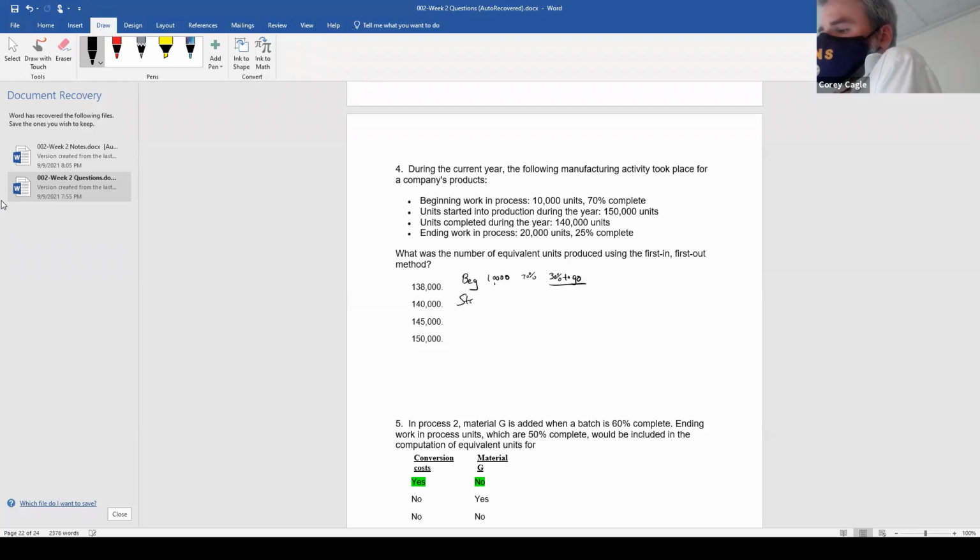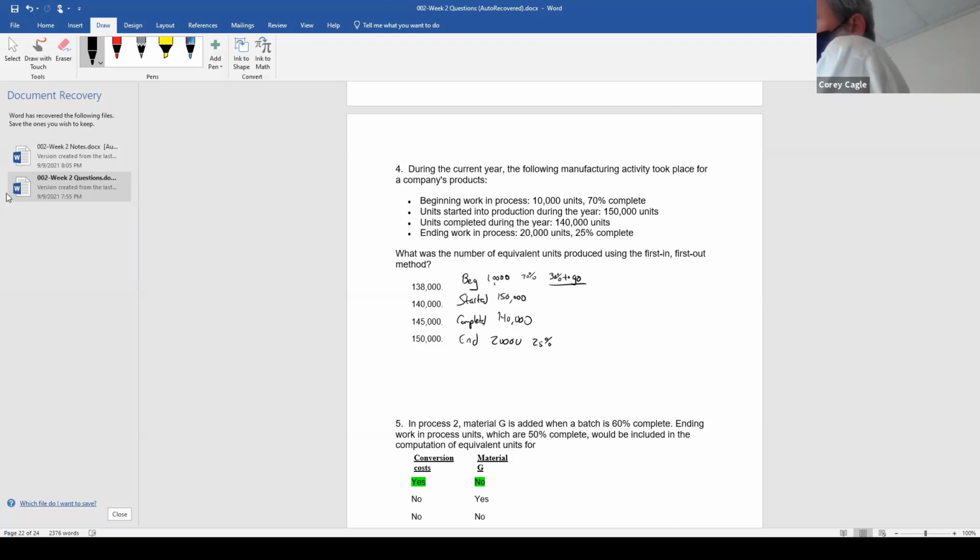Started 150,000. Completed 140,000. Ending 20,000, 25% complete. Okay. So yeah, don't let it throw you that they're not breaking it out into materials and conversion. We just got one calculation to make based on those percentages.